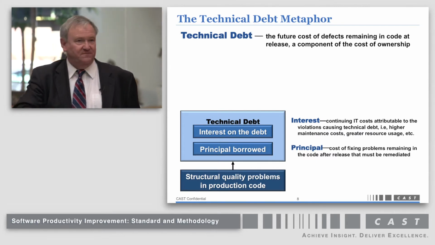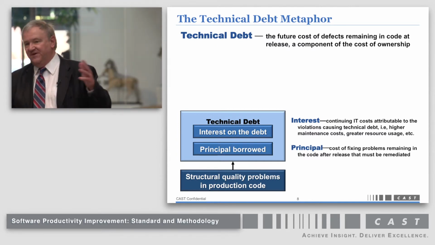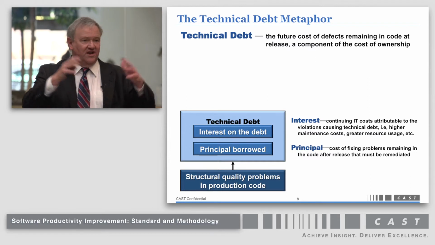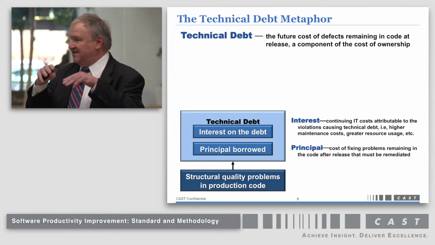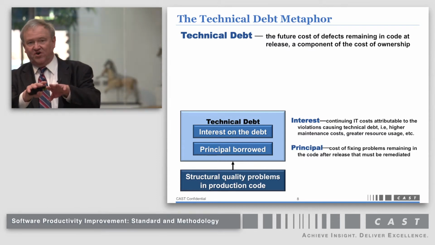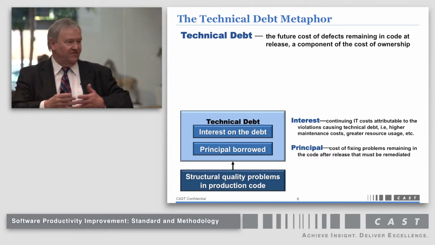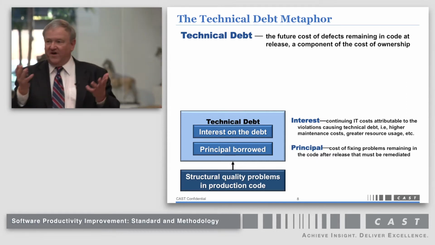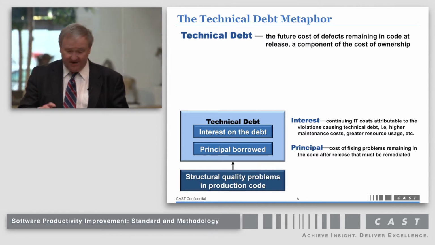It's going to use more CPU, more memory, and if I'm paying for that, if I have to add CPUs, or if I'm in a cloud environment and have to pay for more usage, the bottom line is that's interest on the debt until I fix the problem. So I've got the principal, which is what it costs to fix it, and the interest, which is the fact that developers are slower when they're working with more complex code. That's interest on the debt.